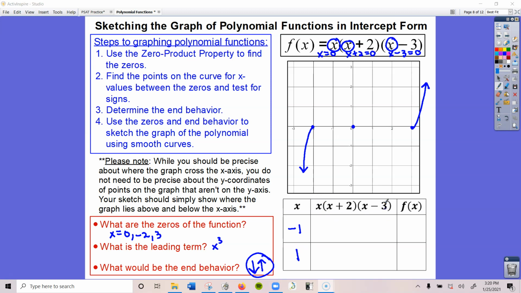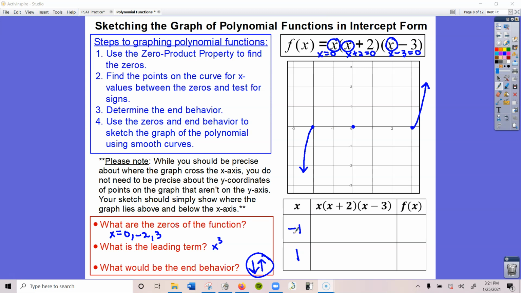Now what I'm going to do with this chart here is that in this middle column, I have the factored form of my polynomial. I'm going to plug in this x value for every x, but I don't really care about the number. What I care about here is the sign, because if I get the sign, then I know whether I'm going to go above the x-axis or below the x-axis.